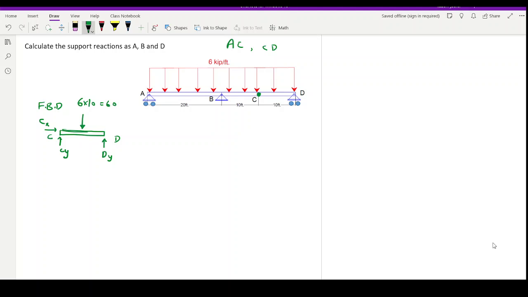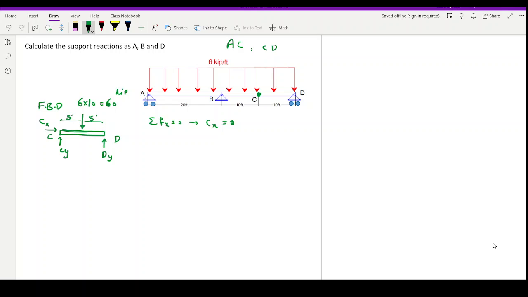Now, because there is no horizontal force, if I write sigma Fx is 0, that means that Cx is 0. Now, by looking at this free body diagram, you see that there is a 60 kip force in the middle of this beam. So 5 feet, 5 feet.